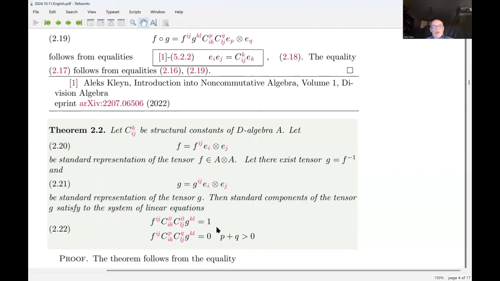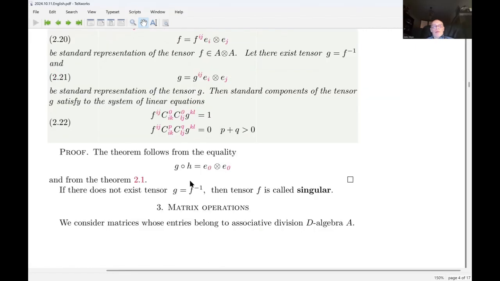The standard components of the tensor g satisfy the system of linear equations 2.22. If there does not exist a tensor g which is the inverse of tensor f, then tensor f is called singular.